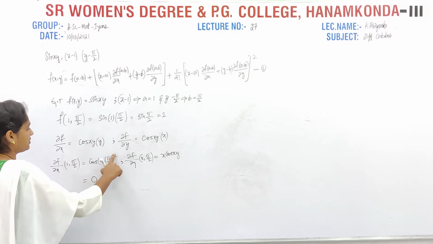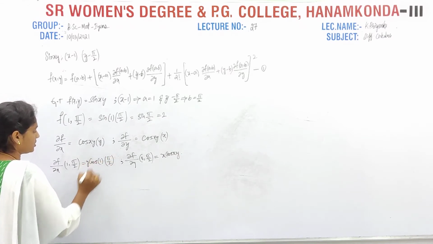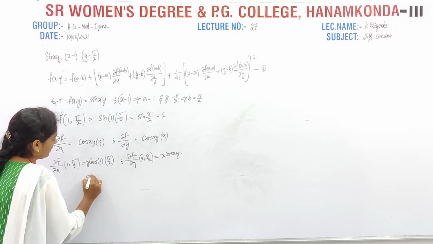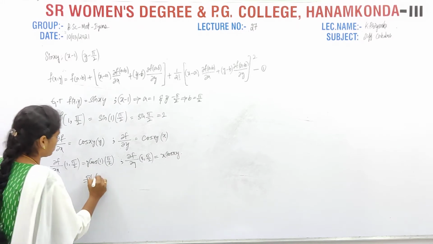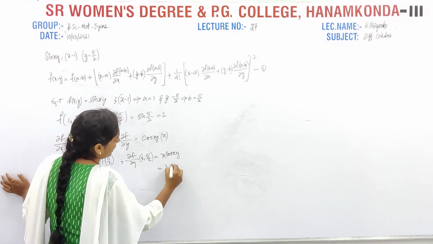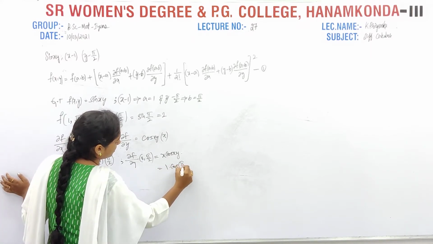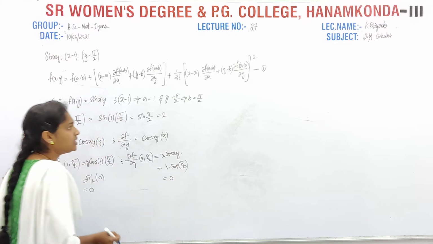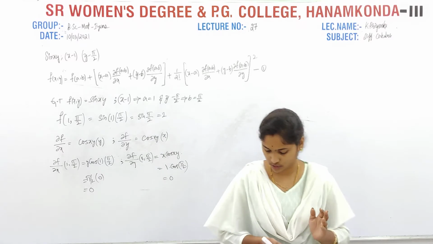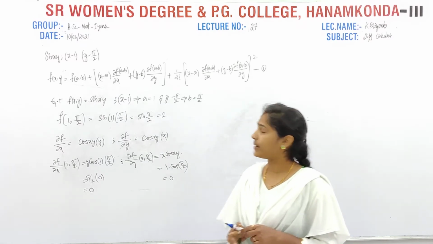Here x is 1 and cos of pi by 2 is 0, so it is 0. So now we have that dou f by dou x and dou f by dou y are both equal to 0 at the point 1 comma pi by 2.